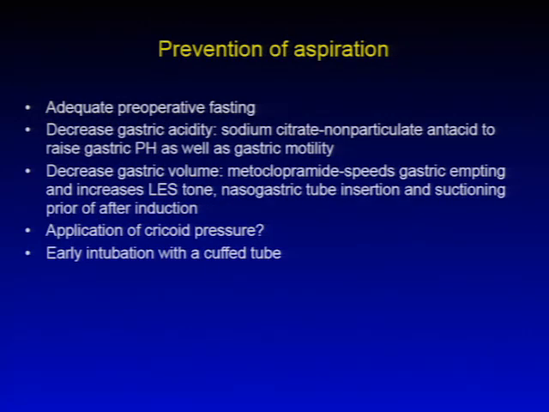Prevention of aspiration is important. Always make sure the patient has adequate preoperative NPO time. Use medications to decrease gastric acidity and gastric volume. The application of cricoid pressure is questionable. Use early intubation with a cuffed tube.